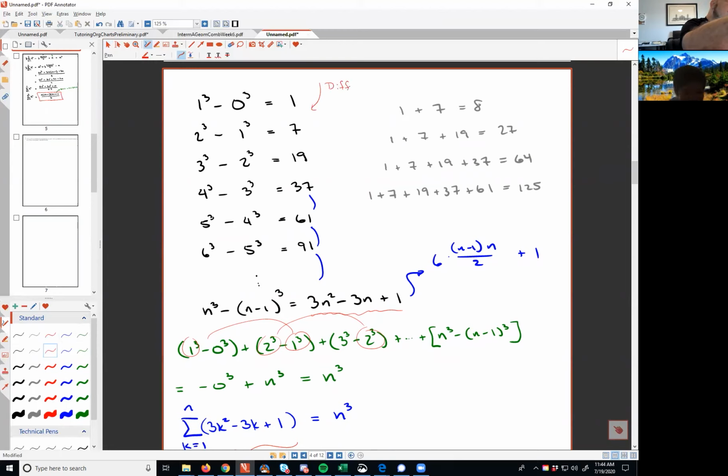Some subtraction and then playing with the numbers. What we did was we viewed a sequence, we viewed a series of differences, right? We created an easy to sum telescoping series.